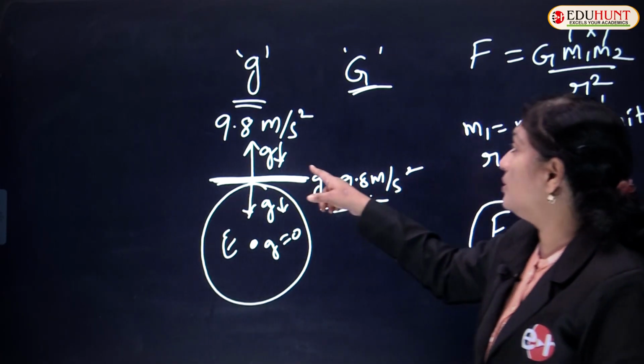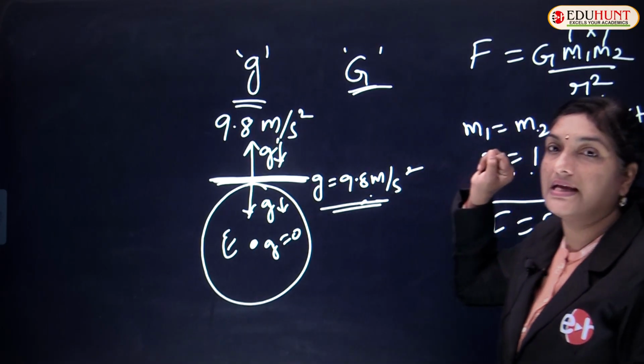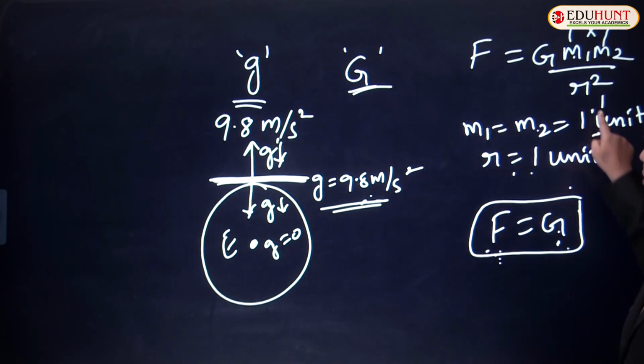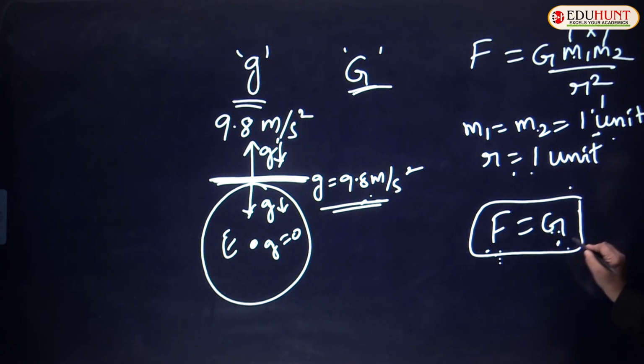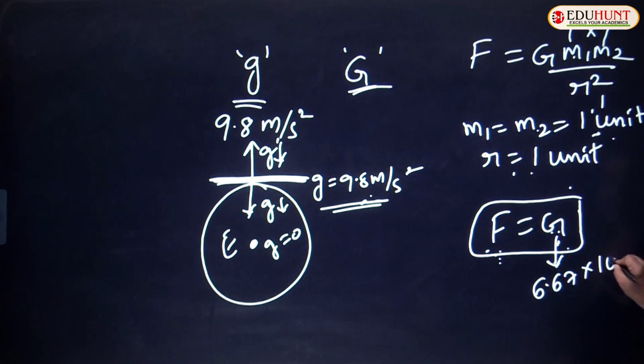And as I told you, the value of acceleration due to gravity is 9.8 meter per second square, while the value of the universal gravitational constant is 6.67 into 10 power minus 11 Newton meter square per kg square.